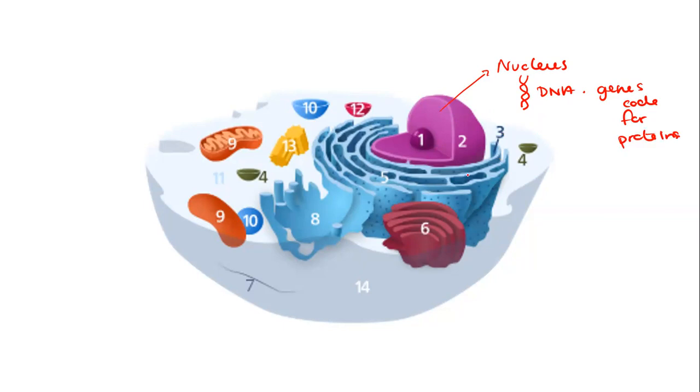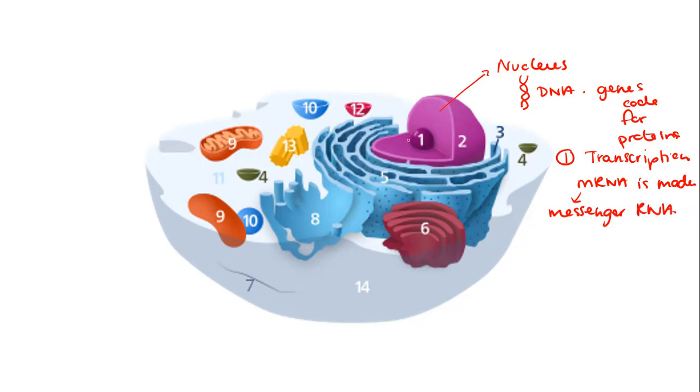The first step that happens with protein synthesis is, number 1, transcription. Here we make a copy of the gene, and that copy is called mRNA, or shortened from messenger RNA.